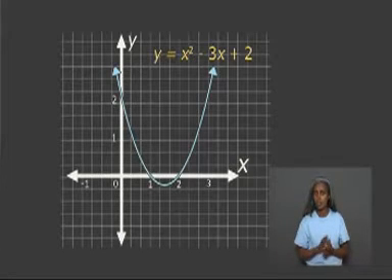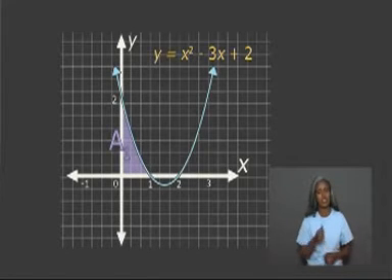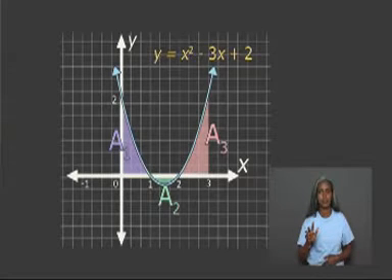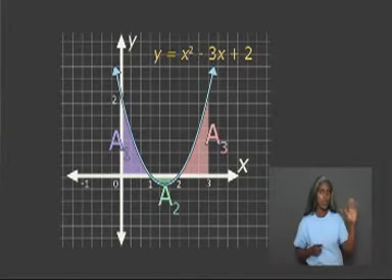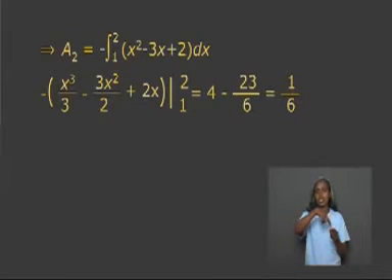Let us designate the three separate areas as A1, A2, and A3 from left to right. First, we will plot the region below the axis.